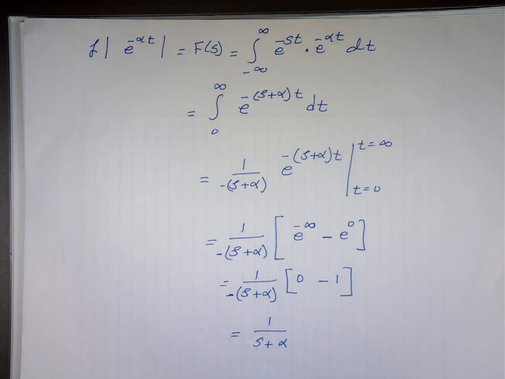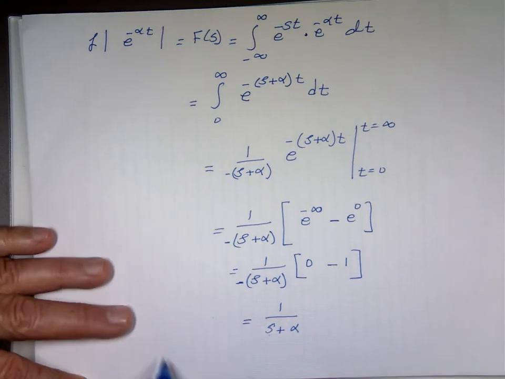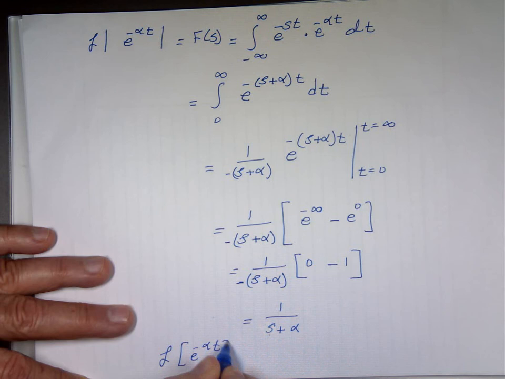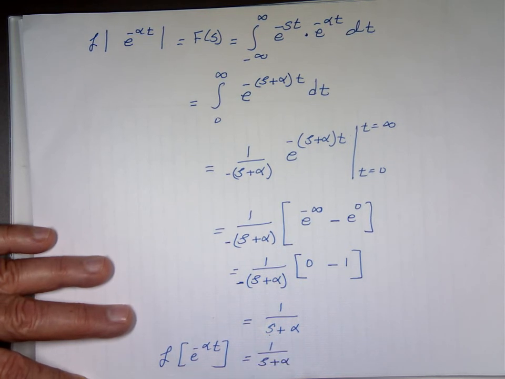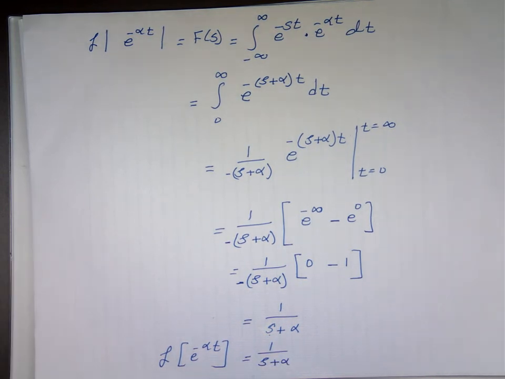So that's the Laplace of e to the minus alpha t: one over s plus alpha. Let's do another one, but I'll stop the video. I'll start another one.